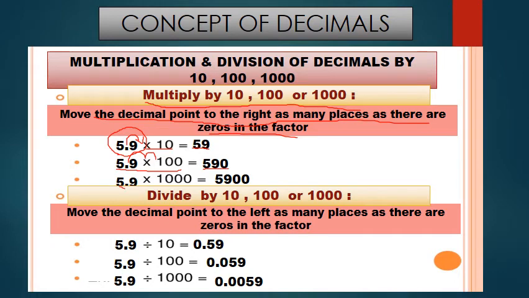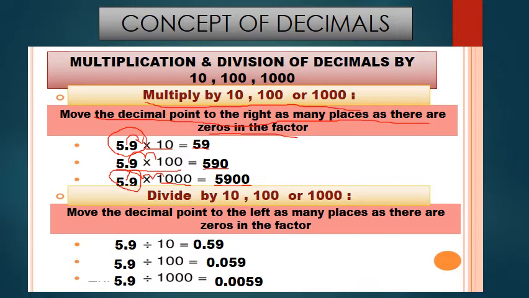Now multiply 5.9 by 1000. When we multiply 5.9 by 1000, we move the decimal point to the right by three places. The answer we will get is 5900.